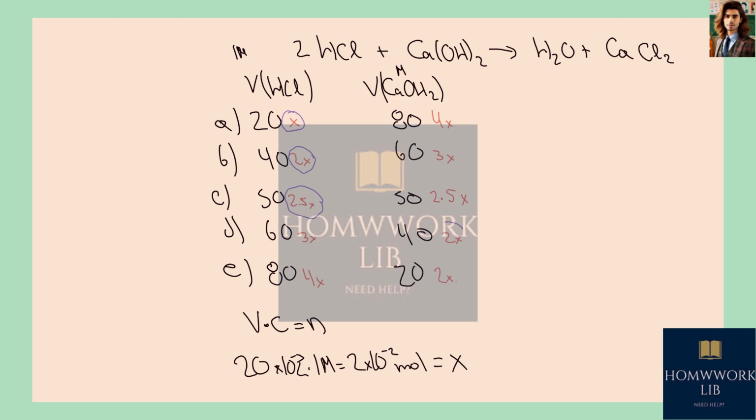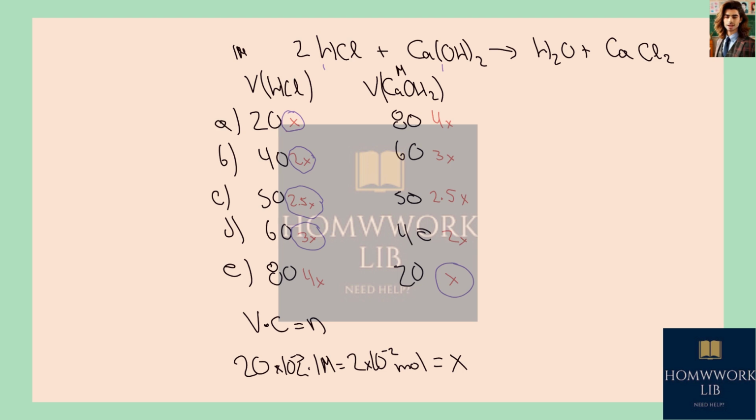So in this case, the limiting reagent is still going to be this one, x, because we're going to react with 1.5. So this is the limiting reagent still. And at this point, now the limiting reagent is going to be the calcium hydroxide, because x of calcium hydroxide corresponds to 2x of HCl.